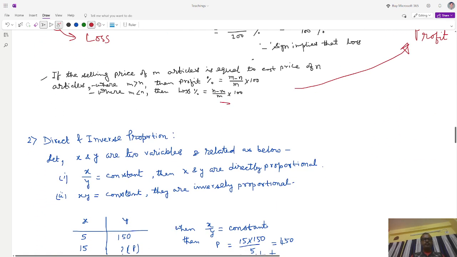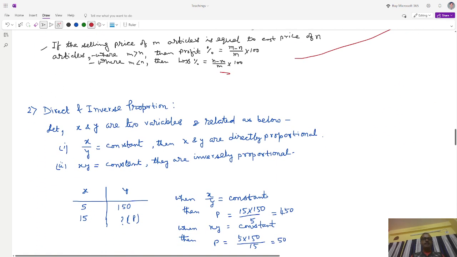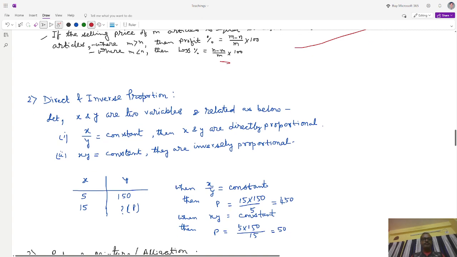Now, direct and inverse proportion. Let x and y be two variables related as below. If x by y equals a constant, then x and y are directly proportional.